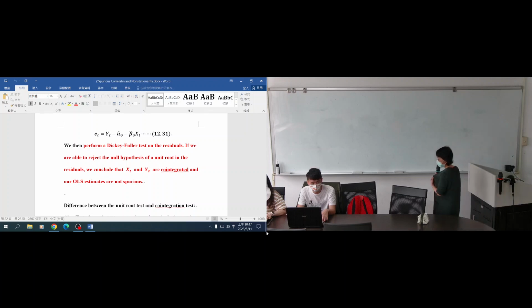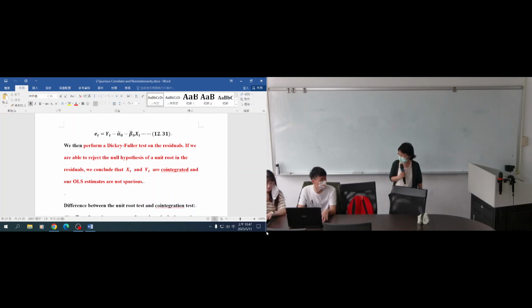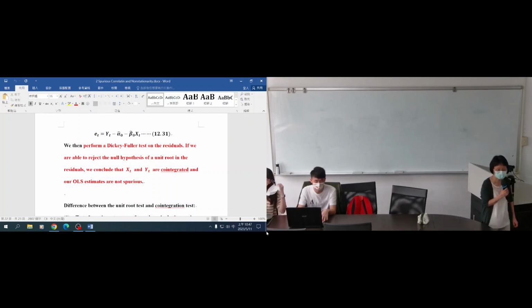Remember how to do that? Do you have the data? Yeah. Okay. Then check the residual. PC, PB, and YD. I don't think I have it now.